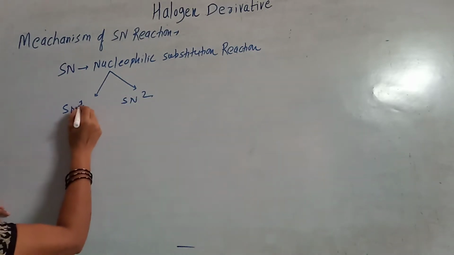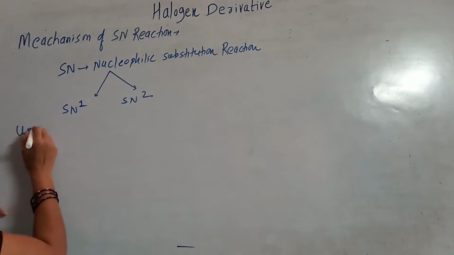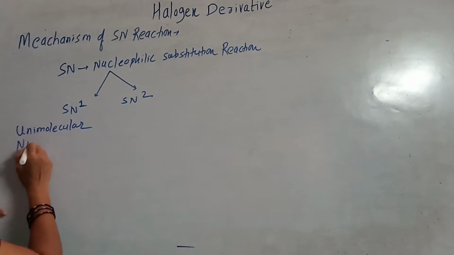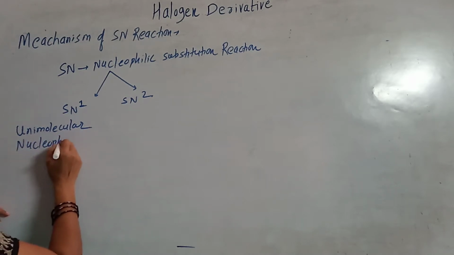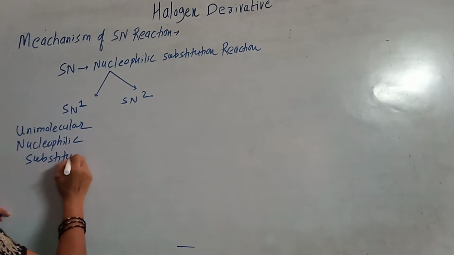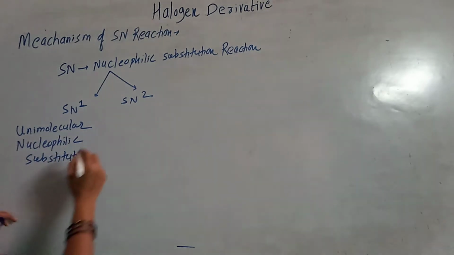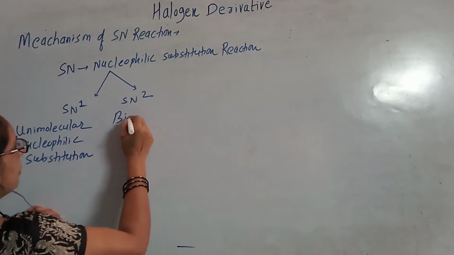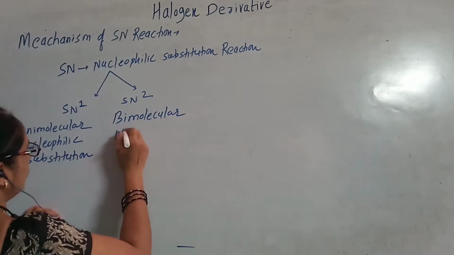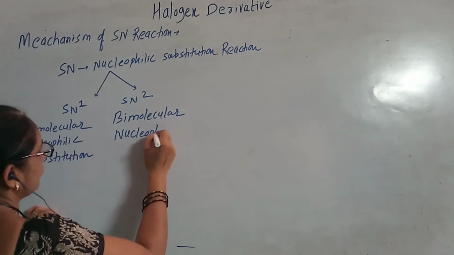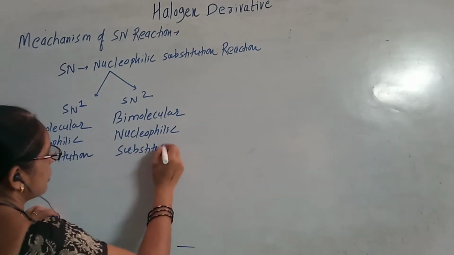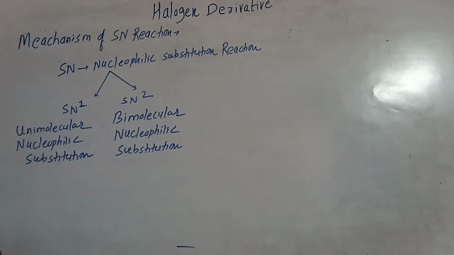SN1 means a unimolecular nucleophilic substitution reaction, and SN2 means a bimolecular nucleophilic substitution reaction. So this is an SN2 reaction.